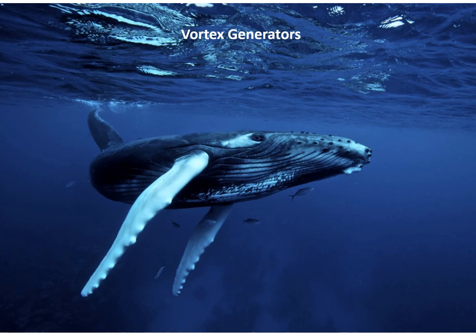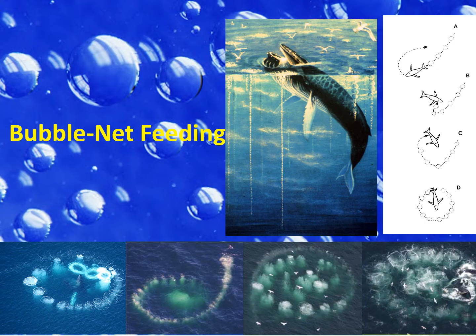So he undertook a series of studies that show that these are vortex generators. And they help to keep the boundary layer attached to this whale's flippers. Now these whales need this in part because of their feeding habit. They tend to swim in very tight circles and blow bubble nets that trap and confuse their prey.